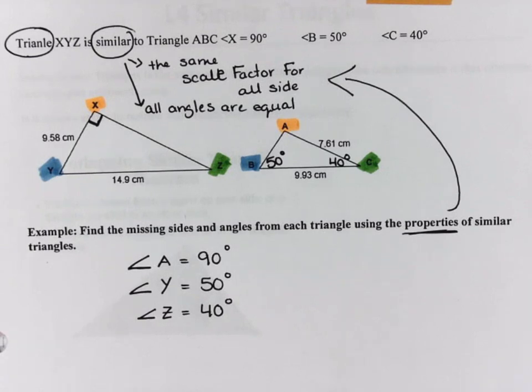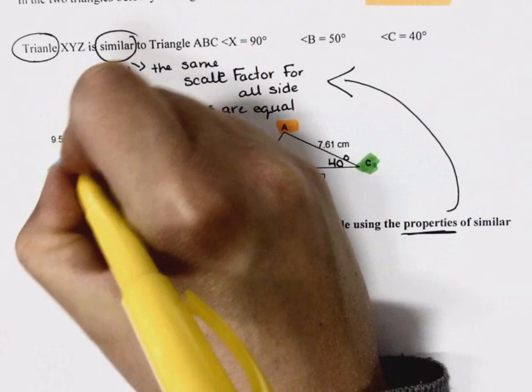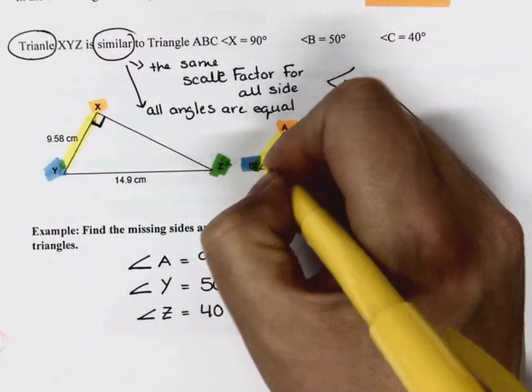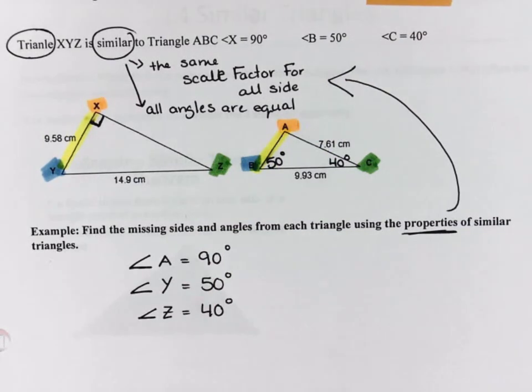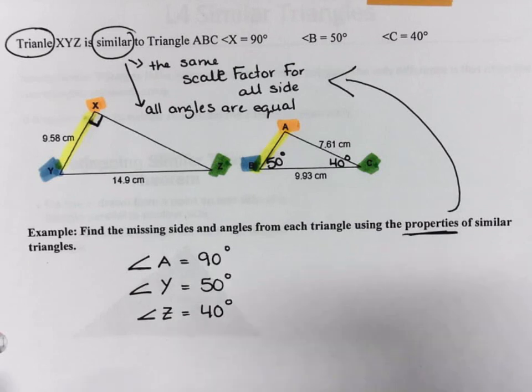Now, side lengths are going to be a little bit different. So we have to figure out what the scale factor is. So, this was a bad idea. I don't think I have enough colors. Okay, we know that YX matches BA. Right? And I got a purple here. Do I have another color? I don't think I do.